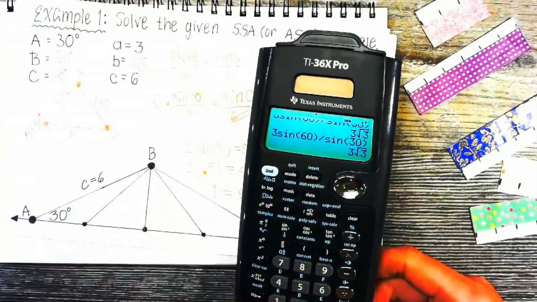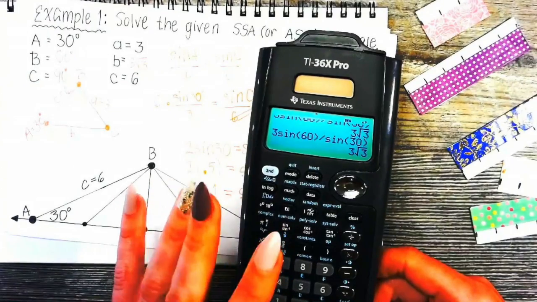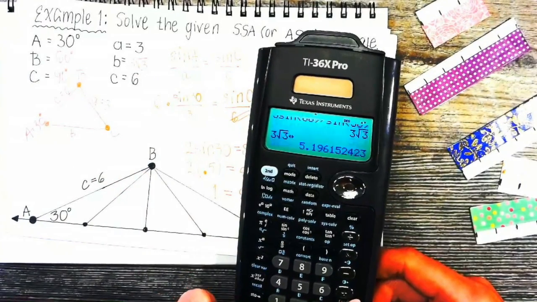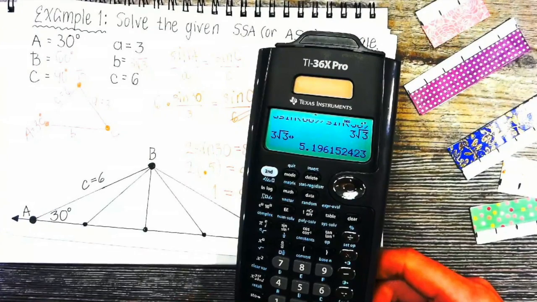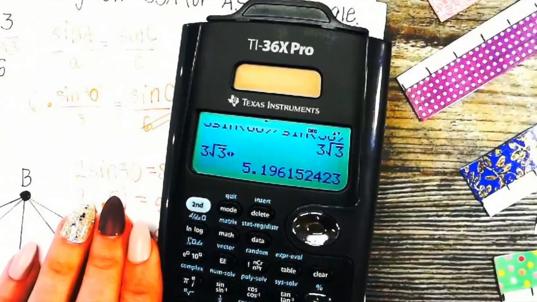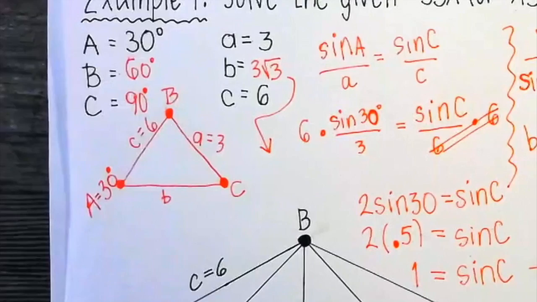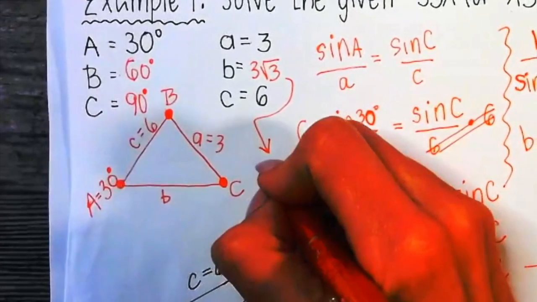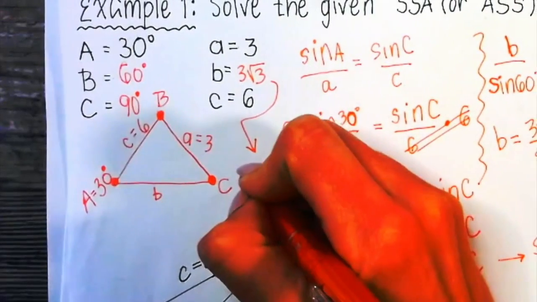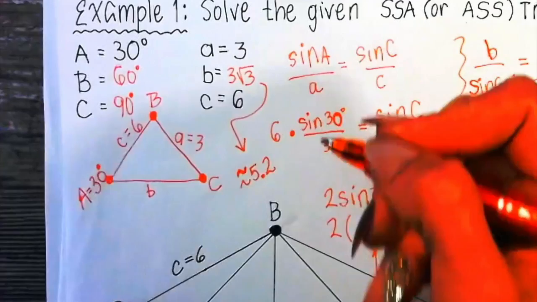So if you see an approximately equal sign, or if you see the word approximately, you'll use that. So I'm going to hit that button instead, and it gave me 5.196152423, yada, yada, yada, that goes on. So B is approximately 5.2 units, and I'll just include both of those in my answer.